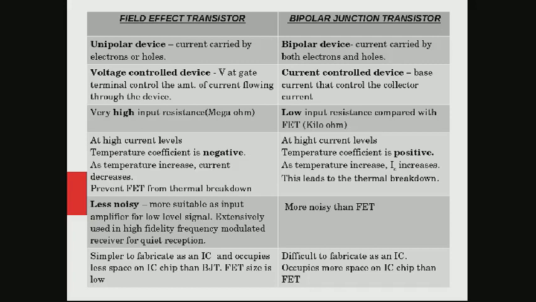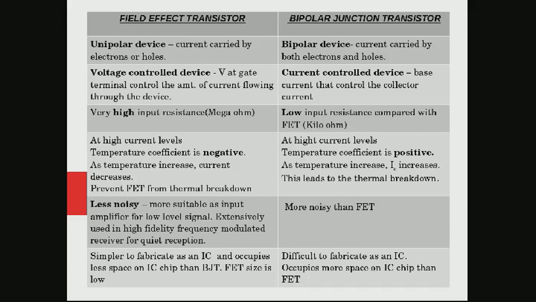That is, both electrons and holes are responsible for the current flow in BJT. Hence, BJT is a bipolar device. It's directly indicated in the name itself. It's bipolar junction transistor, right? So BJT is a bipolar device. That is the first difference.